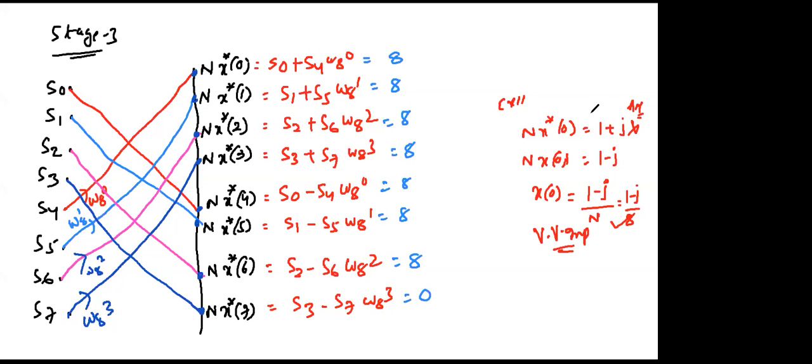Clear? Now I have given you the stage 1, stage 2 and stage 3 calculations. Now what you people will do? You have the equations, everything, and you just verify it once by yourself. Get it?